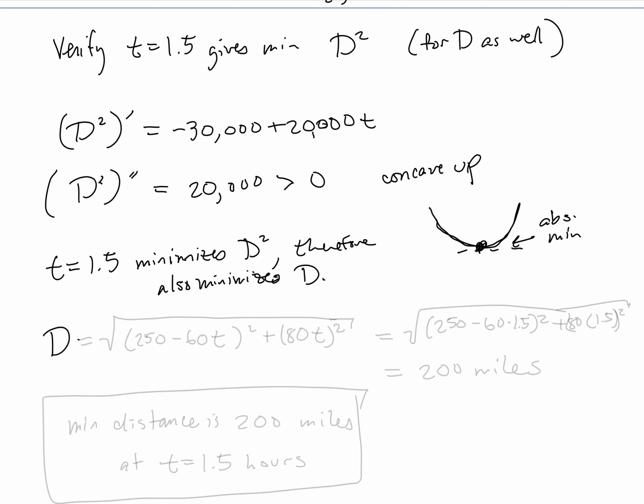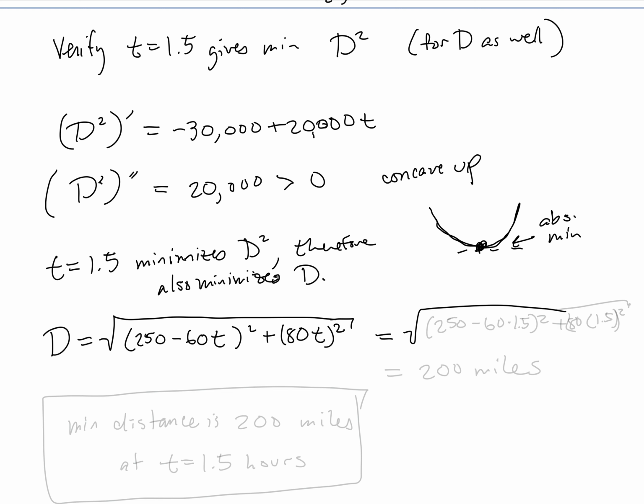So our distance function was the square root of 250 minus 60t squared plus 80 times t squared. That was our distance function.